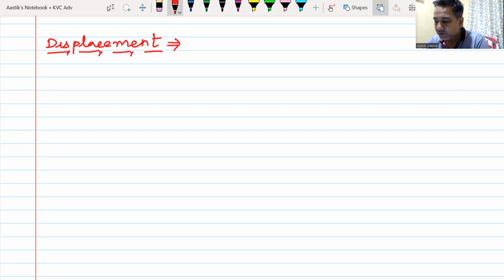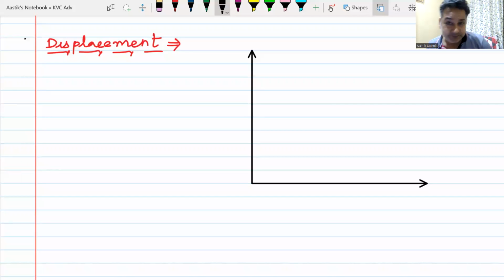When I talk about displacement, what is the first thing that should come to your mind? The first thing that should come to your mind is that displacement is a vector quantity. Vector quantity. Well done. See, we are talking. Displacement is a vector quantity. That is the first thing that should come to your mind.